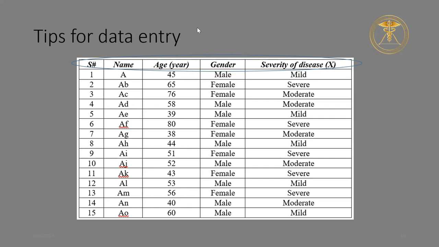Yes, here are some in chat options. You people are right. Open question. Yes, it is open question. There is no need for the coding. So when you can get the data in an open form, never collect it in closed form. What actually the mistake we do, we make age groups.